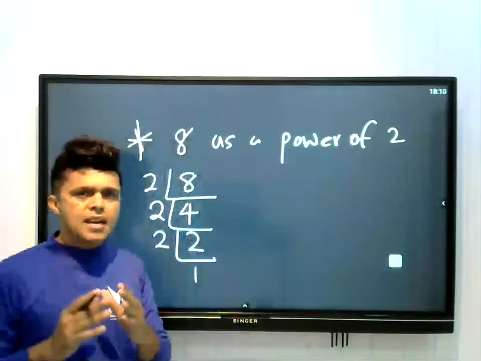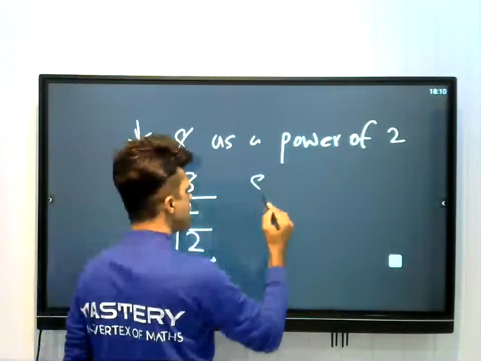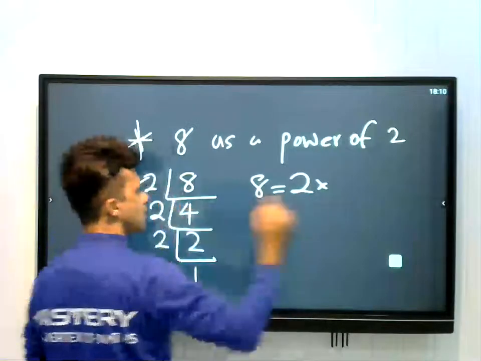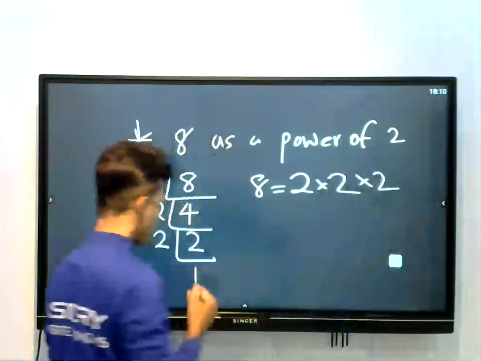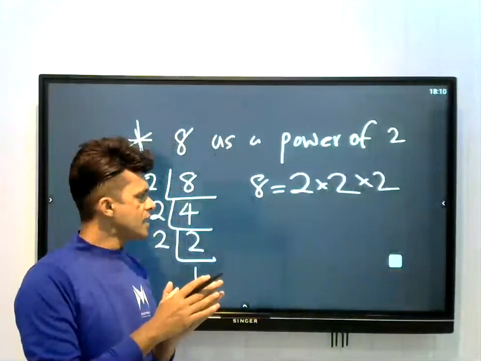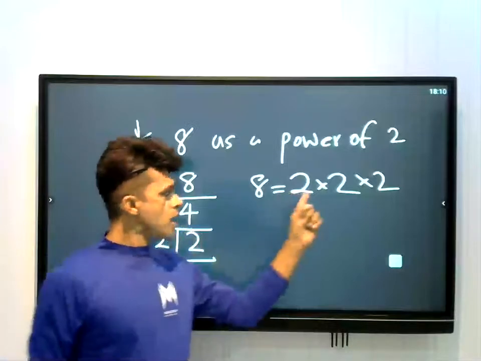So 8 can be written as a power of 2. This can be written as 2 times 2 times 2.